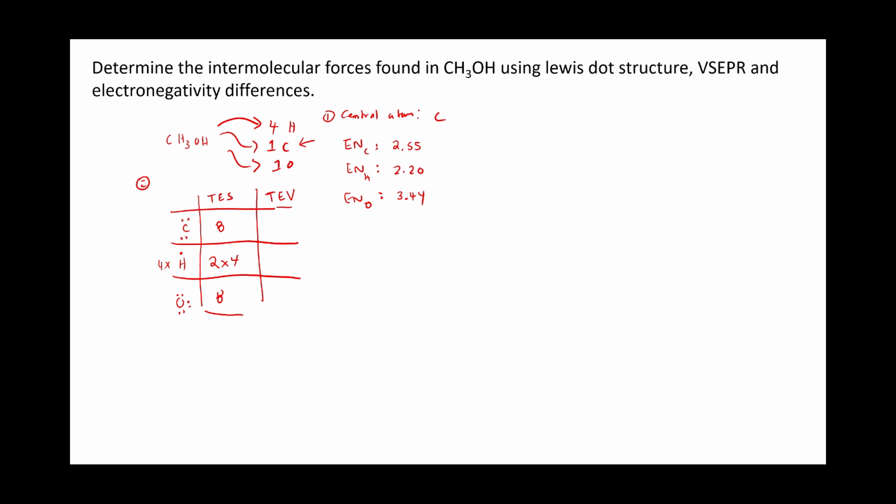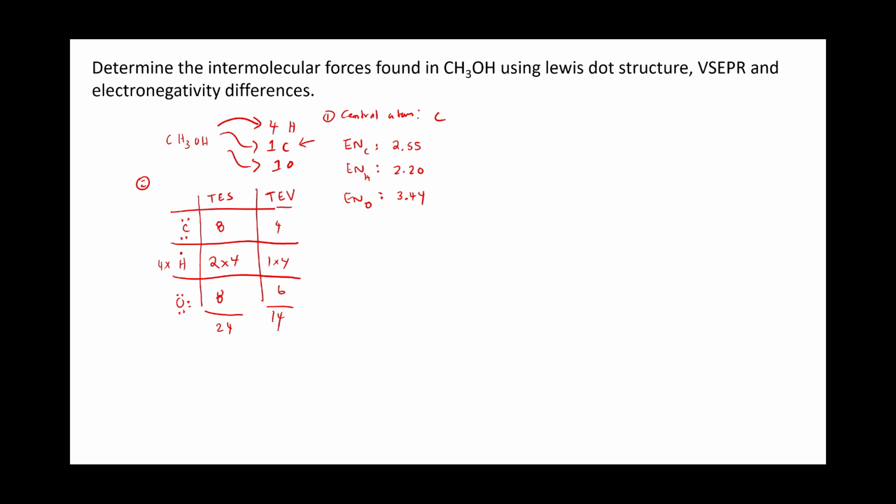In total, the TES, or the total number of electrons to form a stable octet for all these species and to create our molecule, we would need a total of 24 electrons, because it's 8 plus 8 plus 8. For the valence electrons, carbon has 4. Each hydrogen has 1, but there's 4 of them. And oxygen here has 6, right? So if we add all these up, then we should have 14.